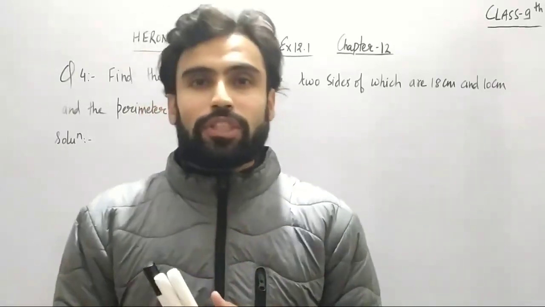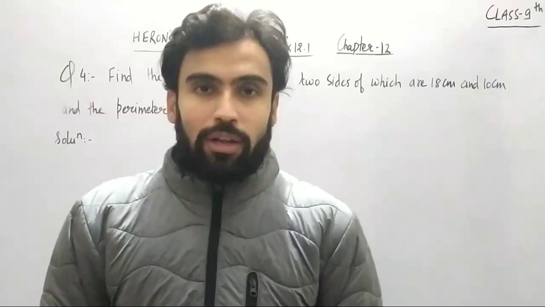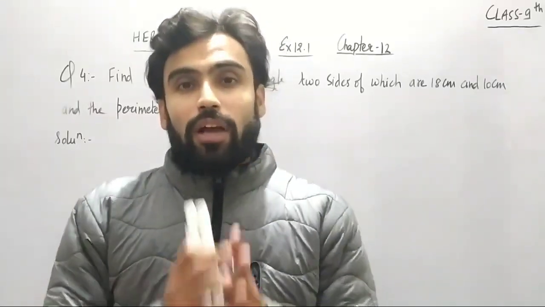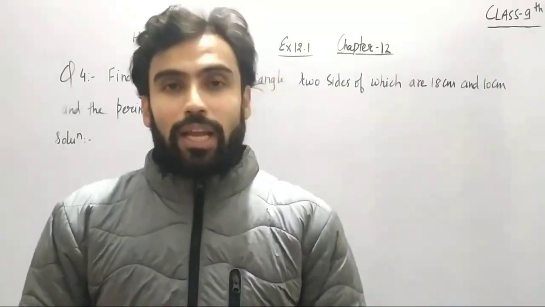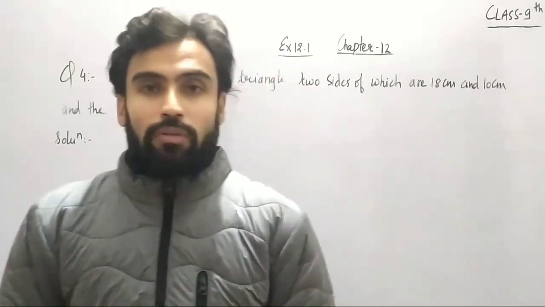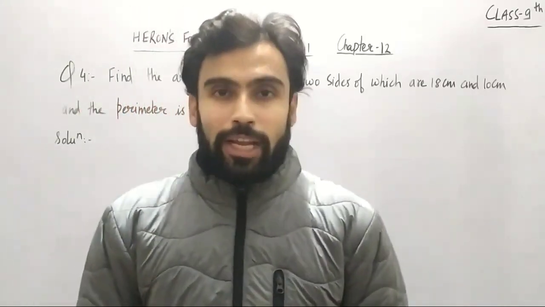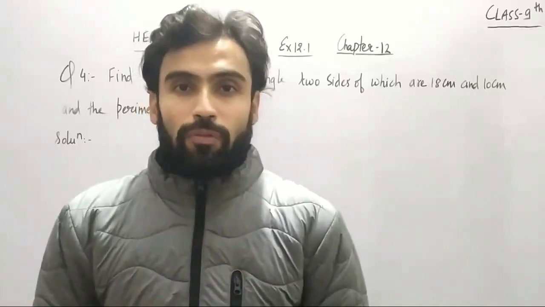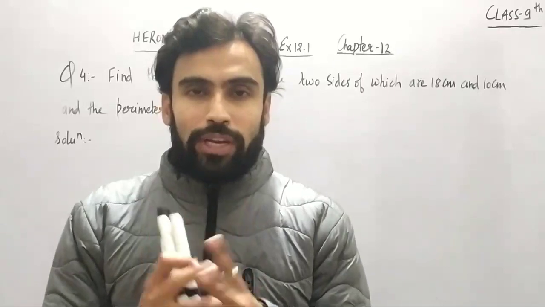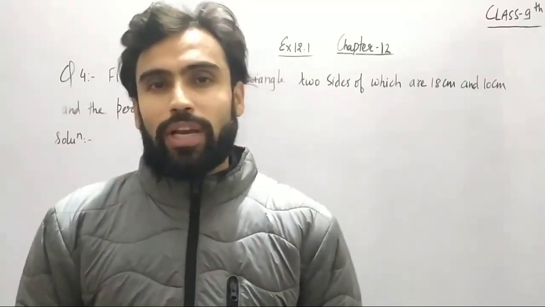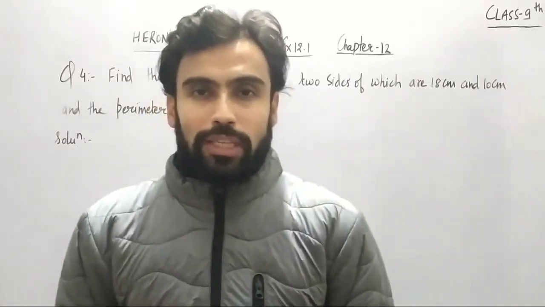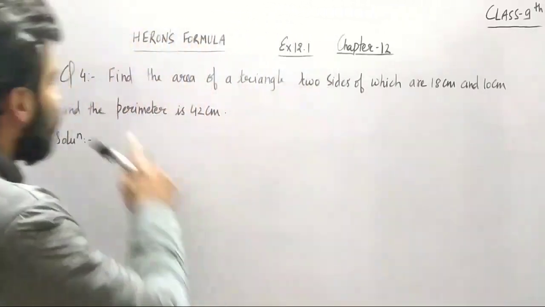So the base of this chapter is Heron's formula, by which we can calculate the area of any triangle, that is under root S(S minus A)(S minus B)(S minus C), in which S is the semi-perimeter, which is half of the perimeter, and A, B, C are the sides of the triangle, right? So you can see how Heron has generated a formula by which we can calculate the area of any triangle, right? So let us now move further into this exercise and discuss question number 4 here, right?